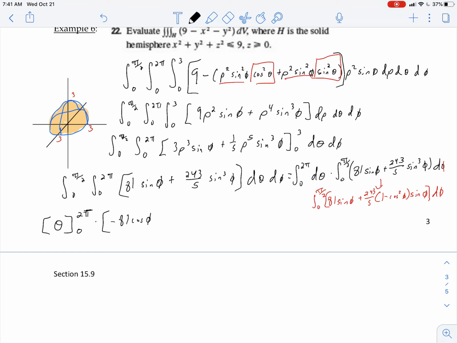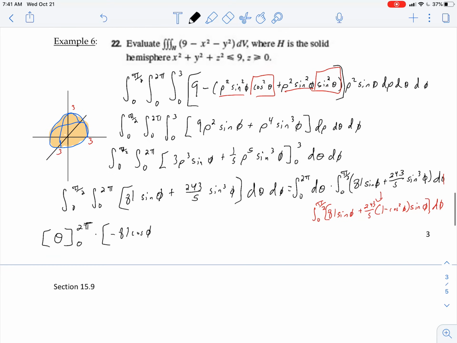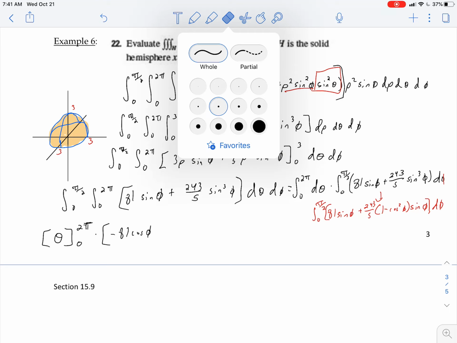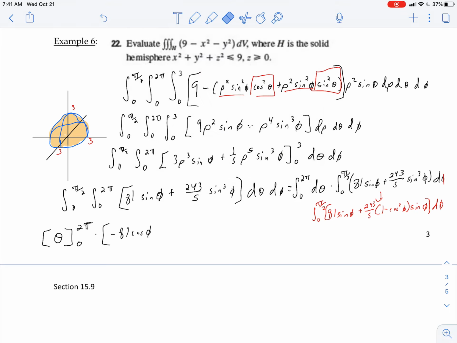And now I'm going to integrate that over here on the right. One thing I'm realizing here, and we haven't needed it yet, is that it should be minus instead of plus.